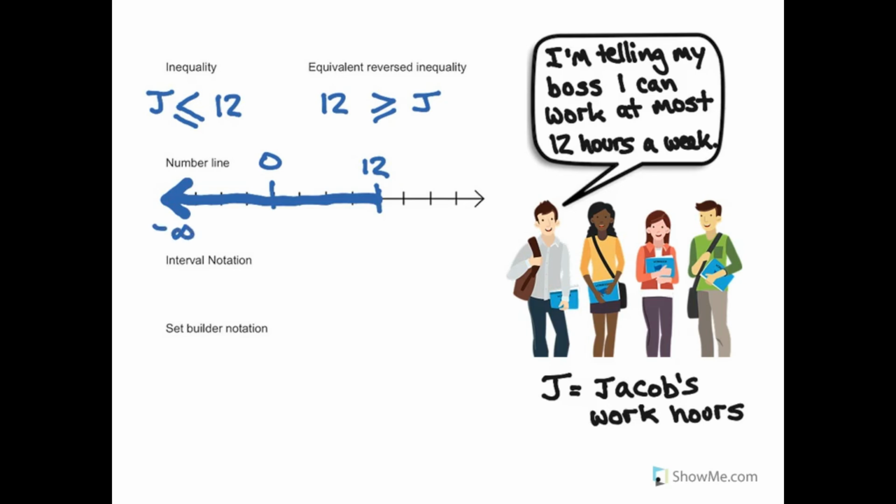This is minus infinity. 12 is included, so I close it with a square bracket, which leads me right to interval notation, from minus infinity to 12, including 12, but not including minus infinity. For the set builder, the set of all J such that J is less than or equal to 12.